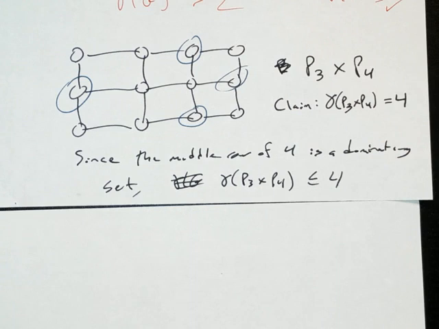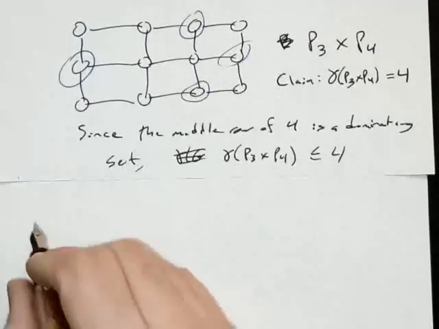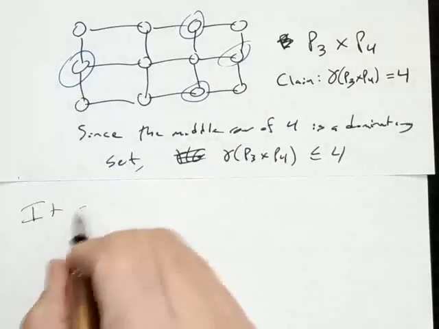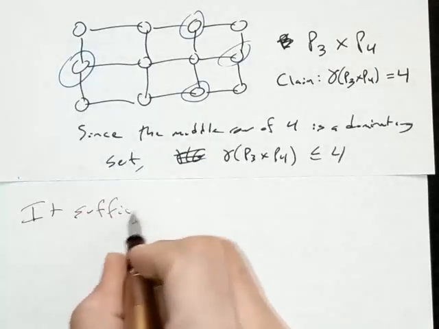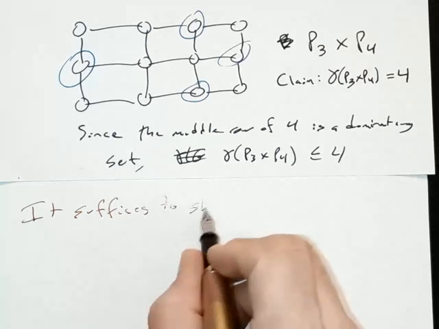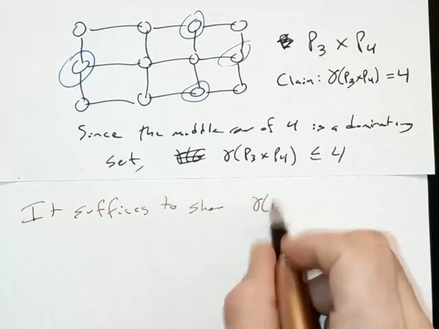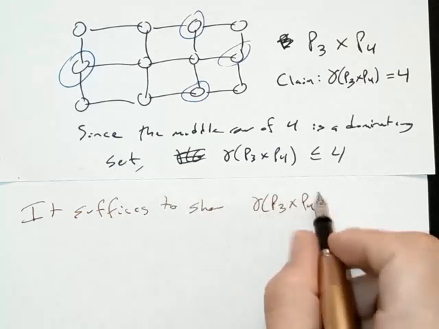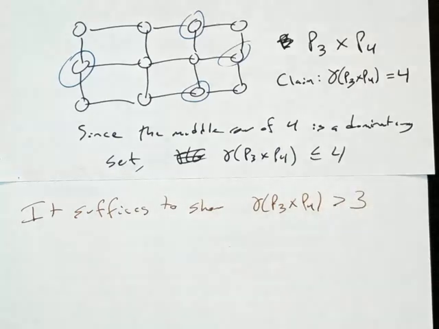What I have to prove now is that I can't do it in less. It's very difficult to prove you can't do something.